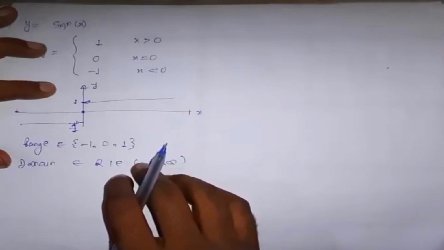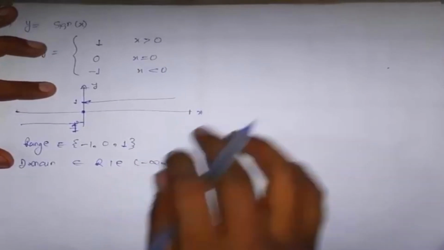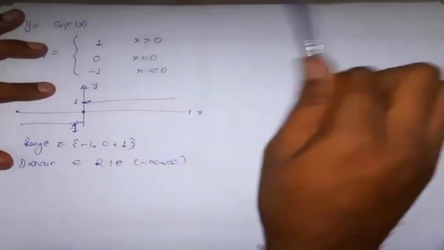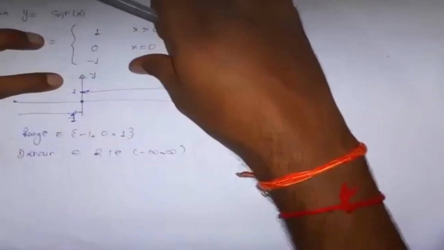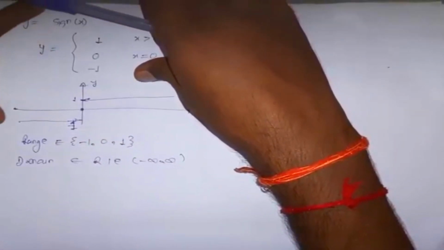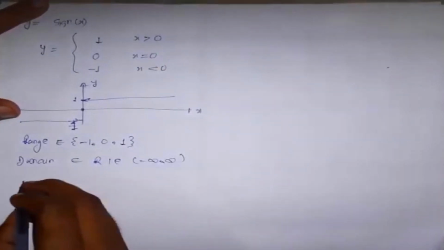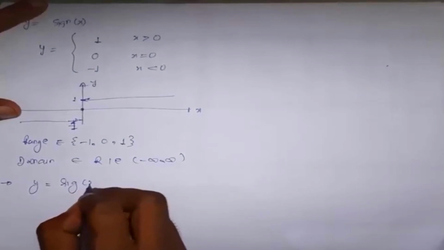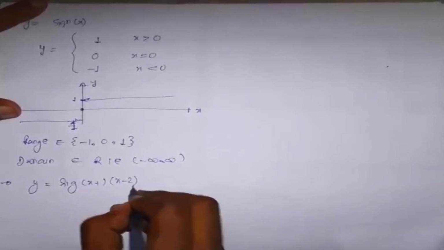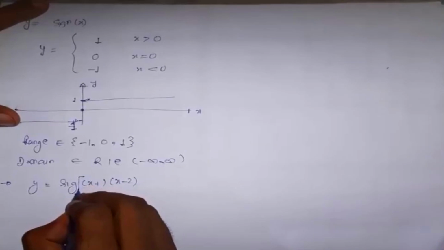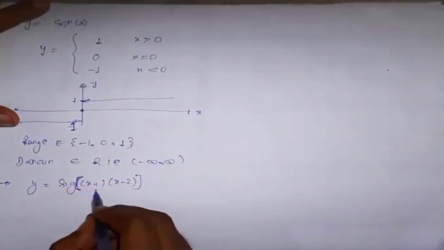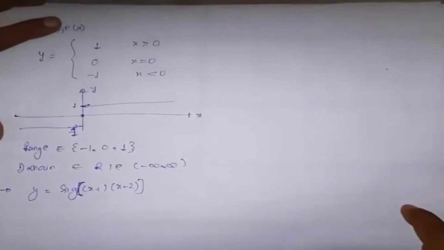So what we will do, we will see some more examples. So for that I am taking an example based on the signum function. Here I am taking an example, y is equal to signum of mod of x minus 1, x minus 2. Okay, so here this is a closed bracket, because this portion is coming under signum. So we can expand this.